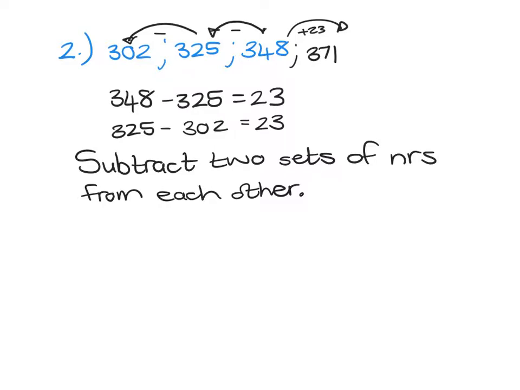If you've done this and your two answers are different, then it means there isn't a constant difference. Then we need to look for something else, because then I don't know what's happening yet.